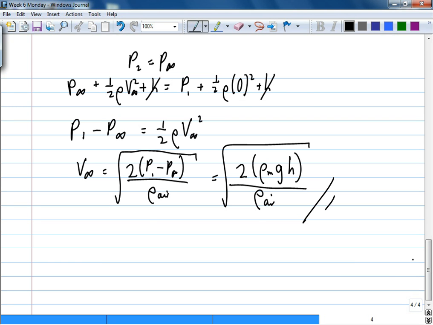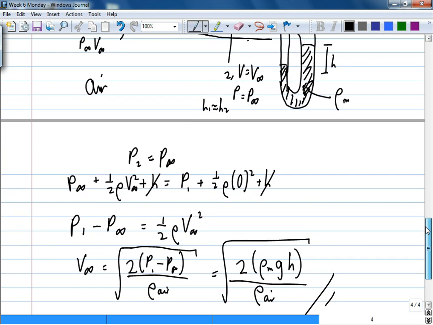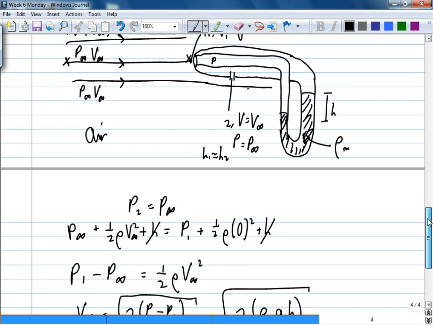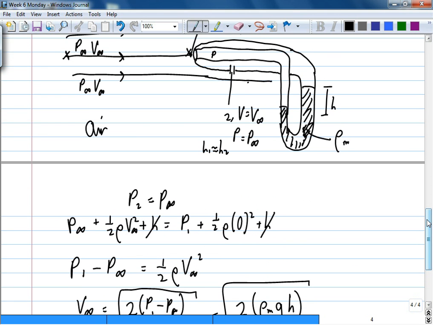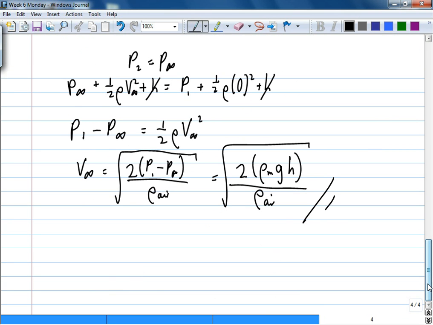Okay, so this is the simplest one. Just this simple device, create a stagnation point, measure the pressure. The pressure difference between the stagnation point and the free stream, that is your velocity. And it's normally quite accurate. No need for too much correction factor or anything like that, as long as your estimate of this rho air is accurate.